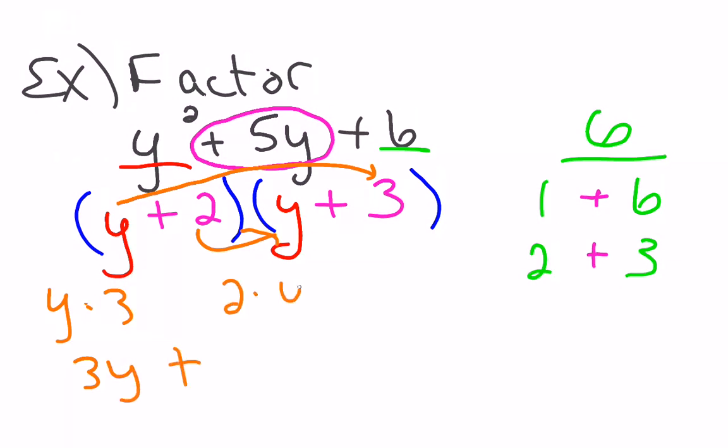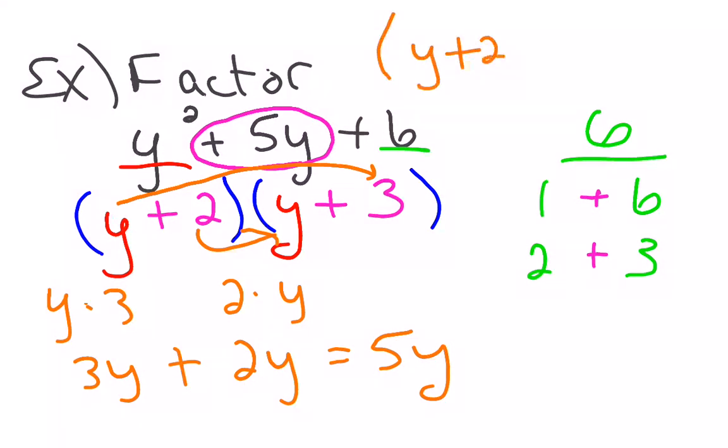And 2 times y gives you 2y, and 3y plus 2y is 5y. So what is our final answer? Well, our final answer is those two binomials, y plus 2 times y plus 3. Now, could you have written it the other way where it's y plus 3 times y plus 2? Absolutely.